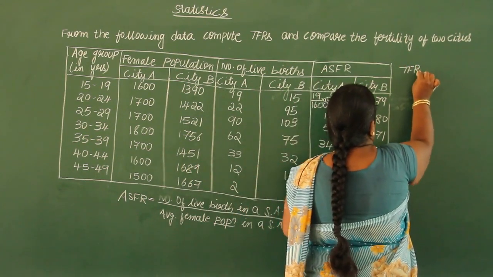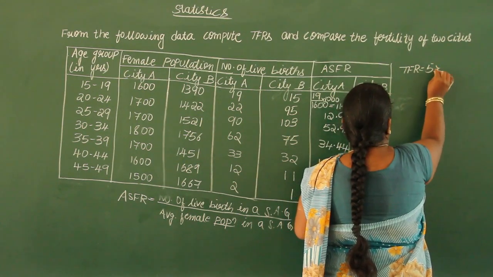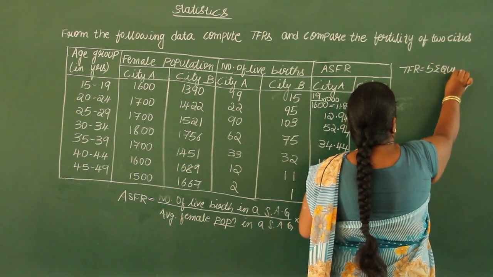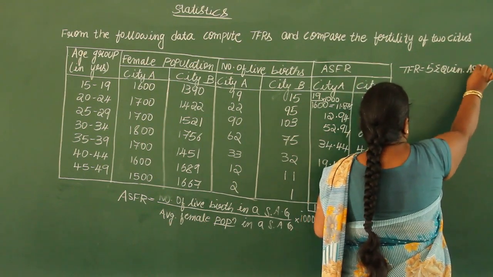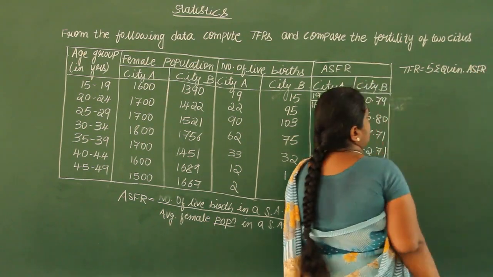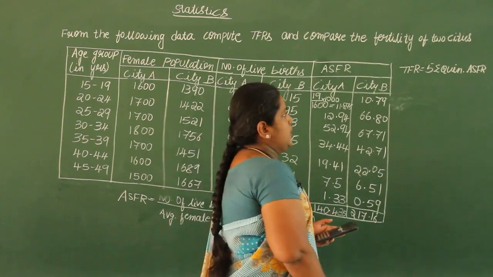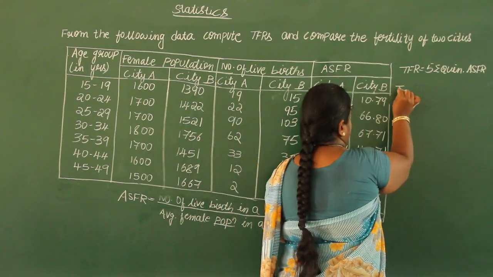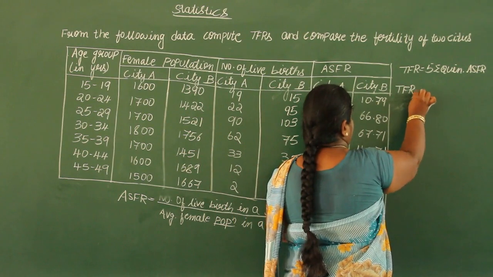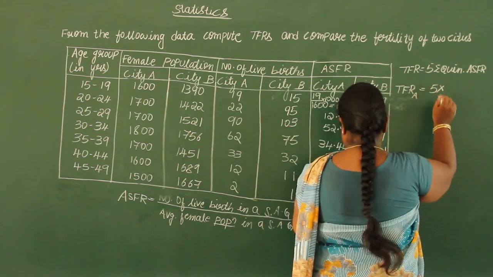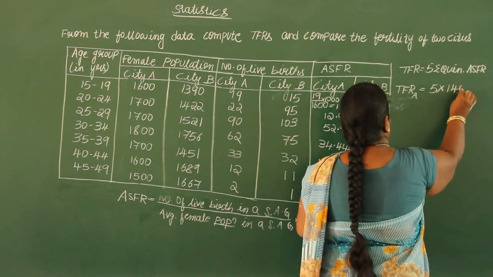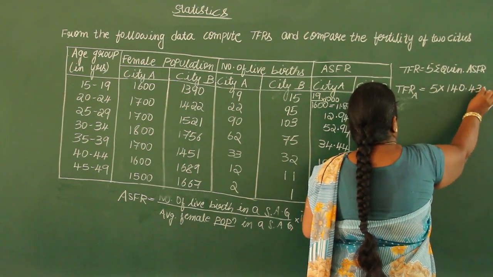So TFR is 5 sigma quinquennial ASFR. So now you have to calculate for A. So TFR of A is 5 into 140.435.